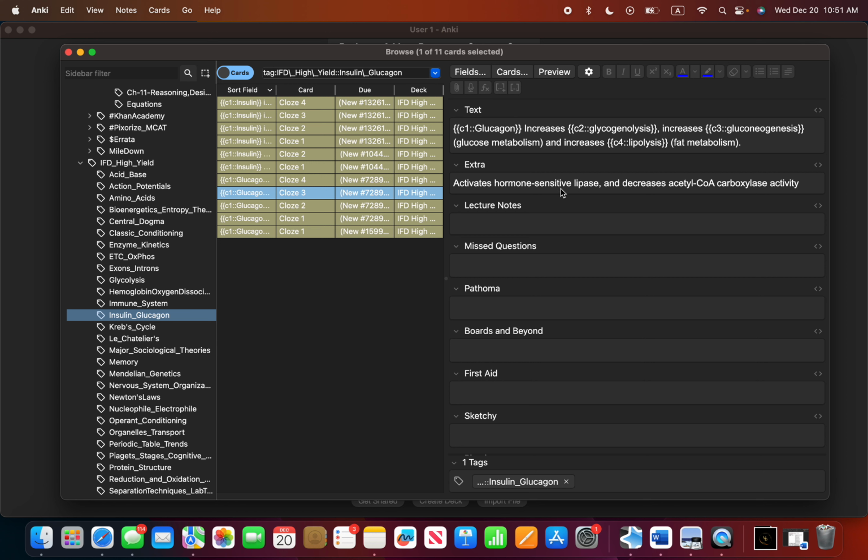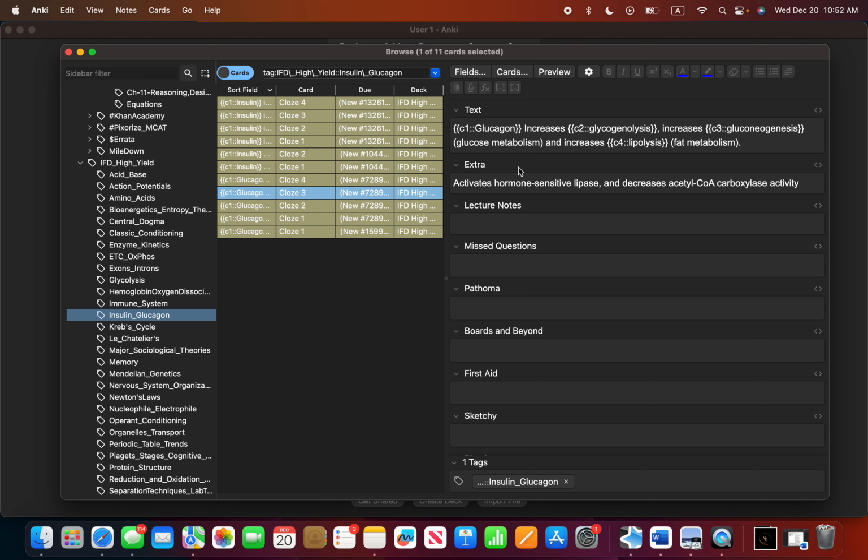Activates hormone-sensitive lipase and decreases acetyl-CoA carboxylase activity. Hormone-sensitive lipase breaks down fat, right? Lipase means that it cuts down fat. It activates it. And acetyl-CoA carboxylase. So acetyl-CoA is in the Krebs cycle mainly, right?